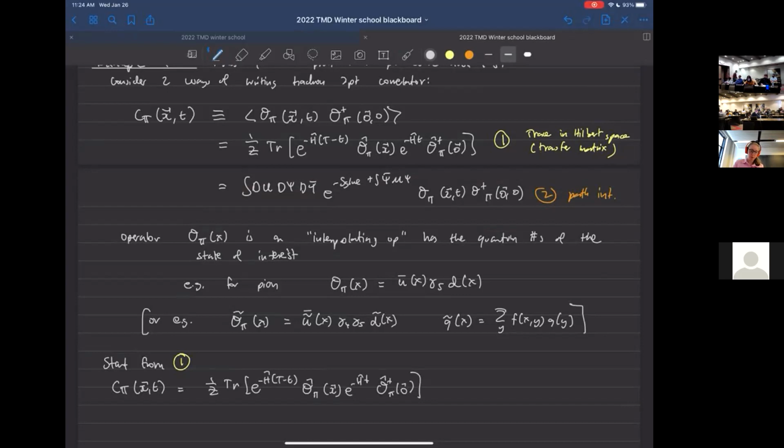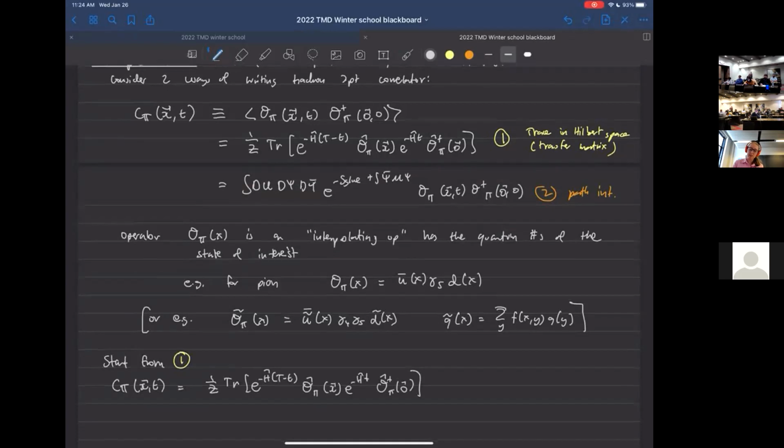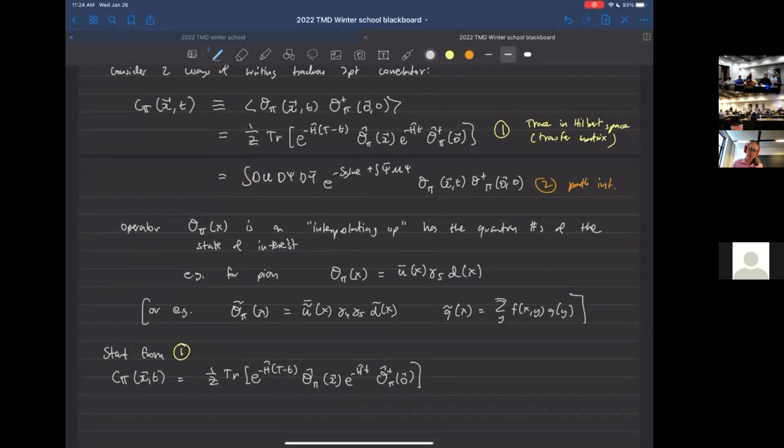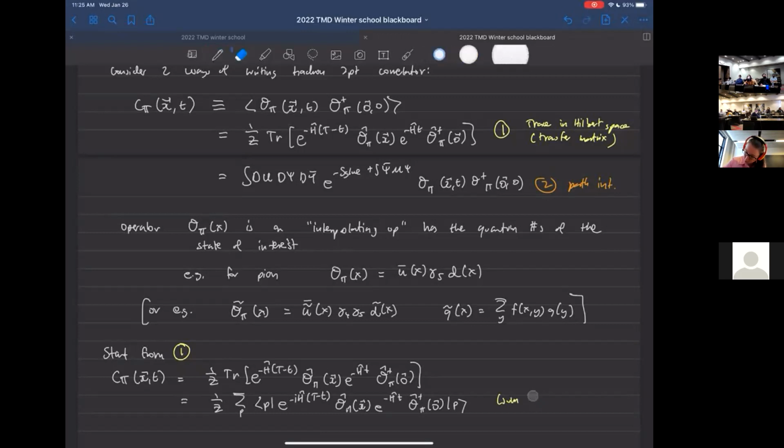So we can rewrite this, instead of writing it as that trace. We can put in, at the end here, a sum over all states in the Hilbert space and write it equivalently like this. Okay, so this is just re-expressing that trace in terms of a sum over all states in the Hilbert space.